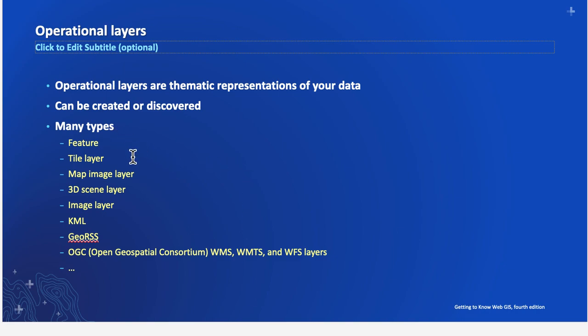So these are the many types of layers. We have feature layers, which are based on vector data, and vector data includes lines and polygons. And we also have tile layers, map image layers, and many more.